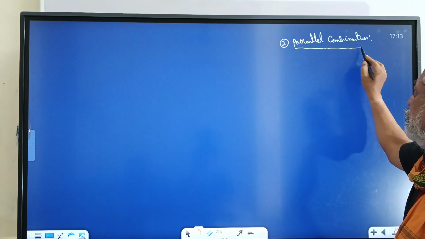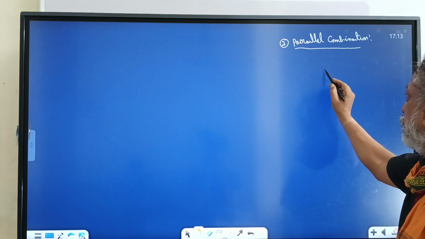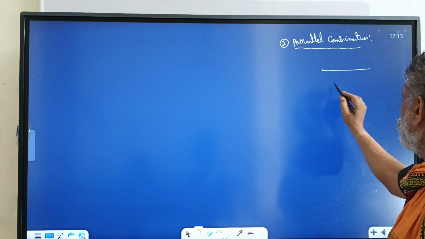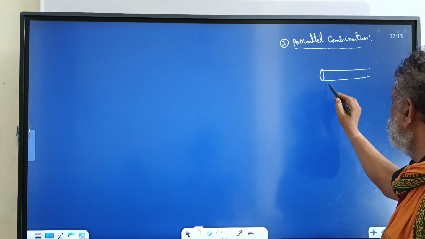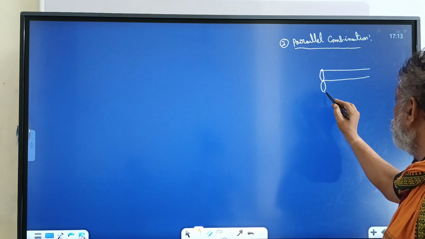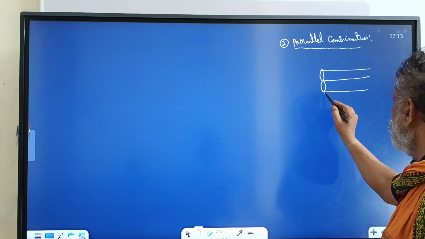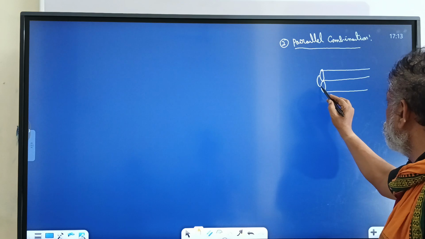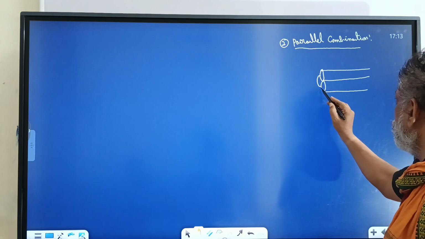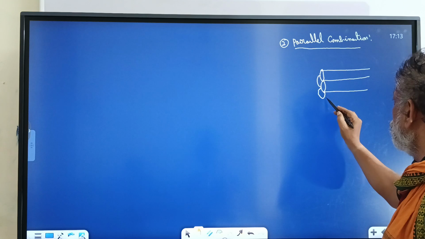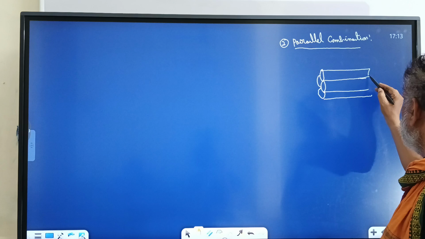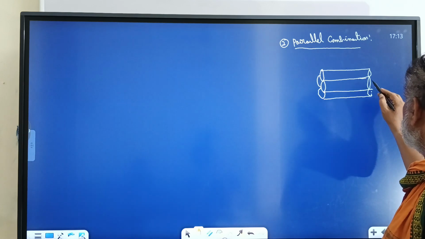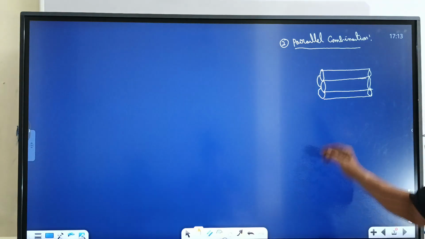So generally, how should the parallel combination be? The lengths are equal, so the conductors are kept one upon another. This is conductor 1 with its area of cross section, and another conductor with its area of cross section, like this. I'll say n number of conductors. The areas of cross section are different but the lengths are the same.